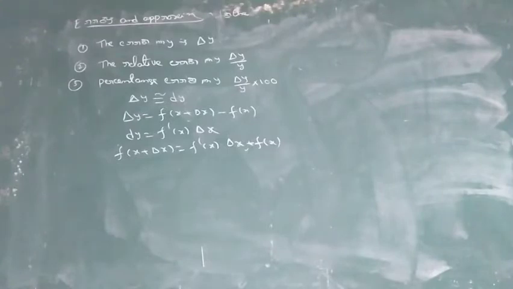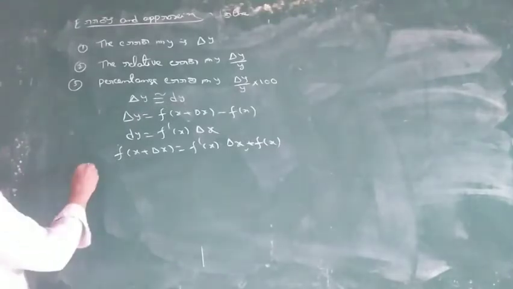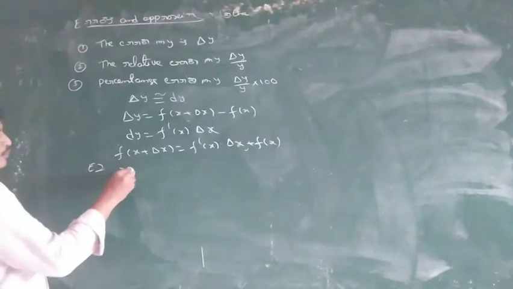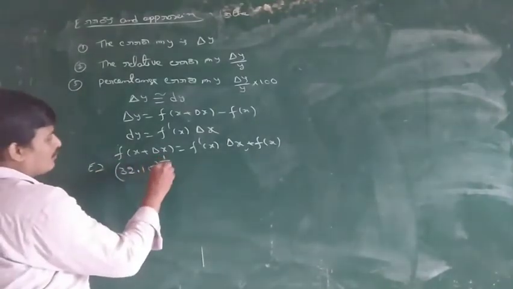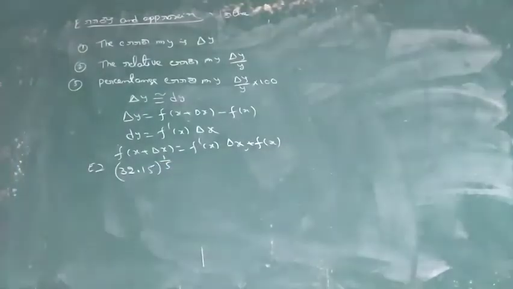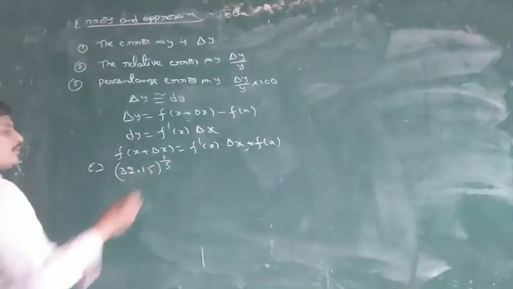One example: (32.15) whole power 1 by 5, that is the fifth root.